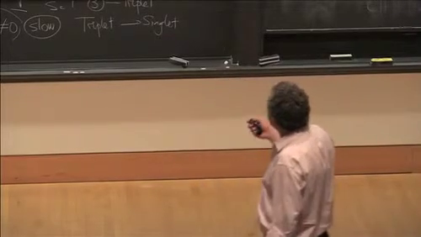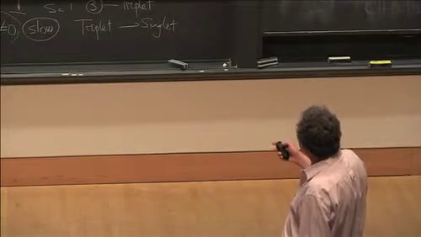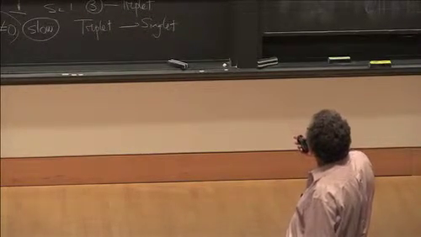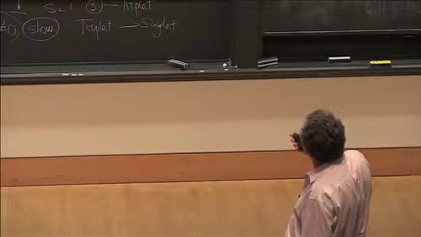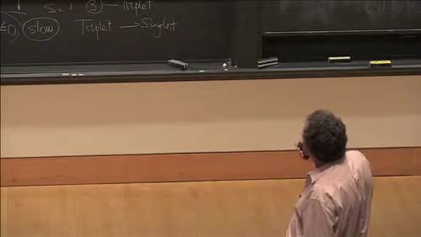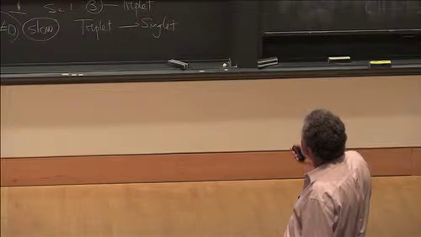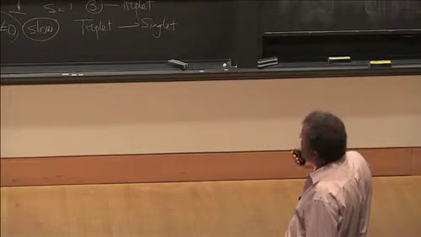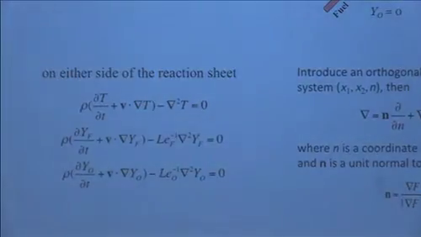This can be done in general, and I wrote the general equation here, but I will skip that. The focus really is on only these three equations that involve temperature, mass fraction of fuel, and mass fraction of oxidizer.